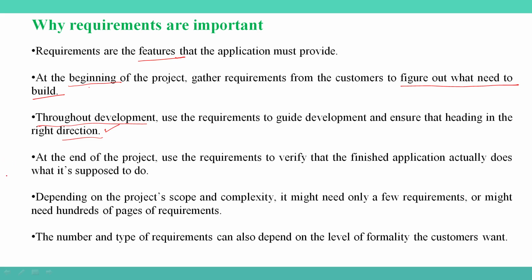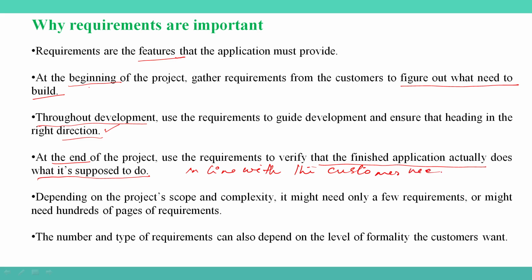Then at the end of the project, use the requirements to verify that the finished application actually does what it is supposed to do. That is, the developed project is in line with the customer needs.